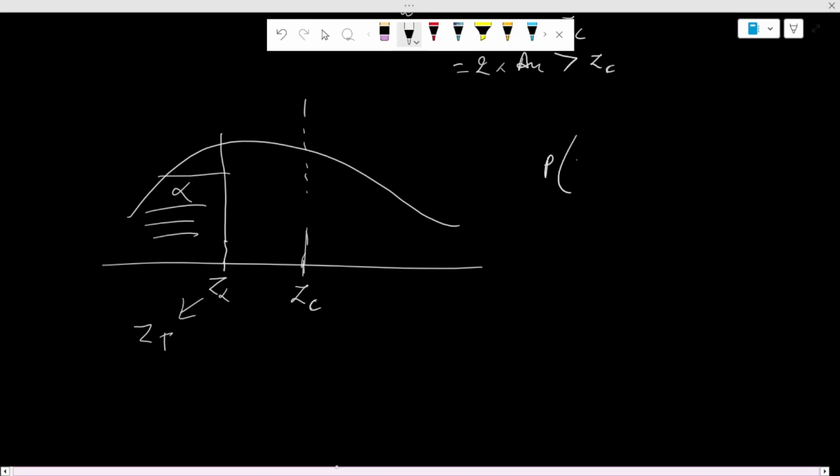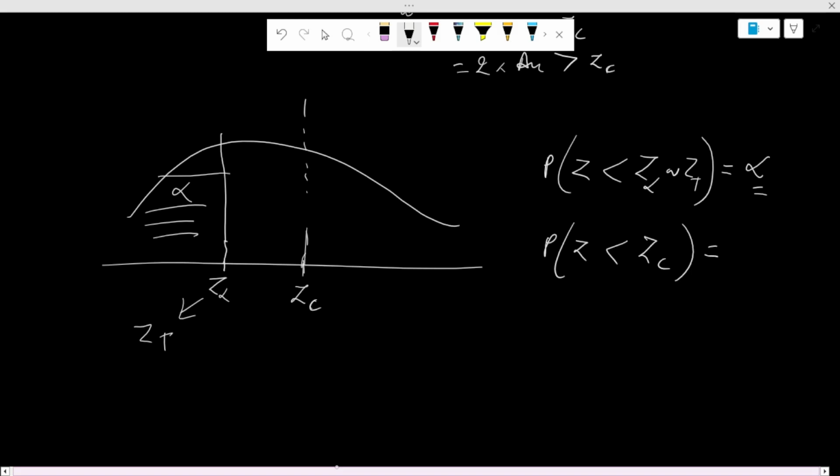So the probability of Z being less than Z alpha, this is what we mean by alpha, our significance level, and the probability of Z being less than our calculated Z score is what we mean by our p-value. As alpha is our significance level, the p-value is also the significance level for the calculated Z score, because alpha is the significance level for our tabulated Z score.